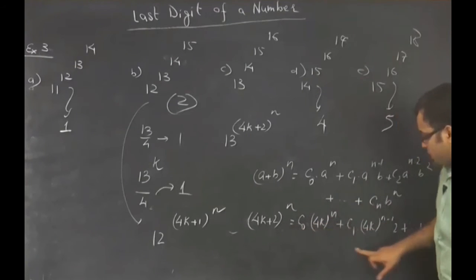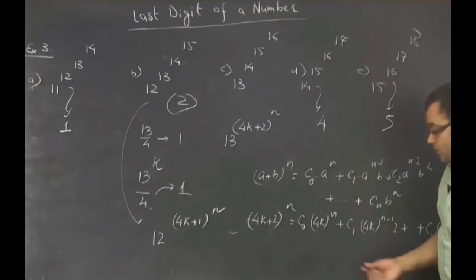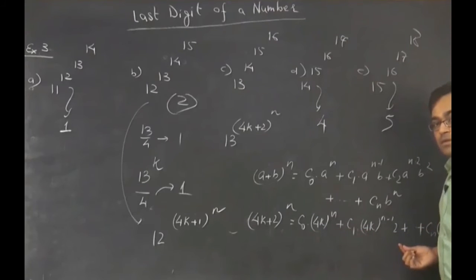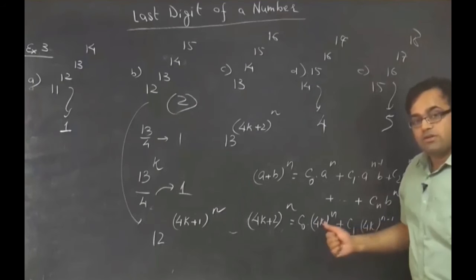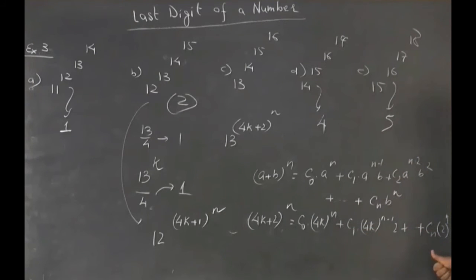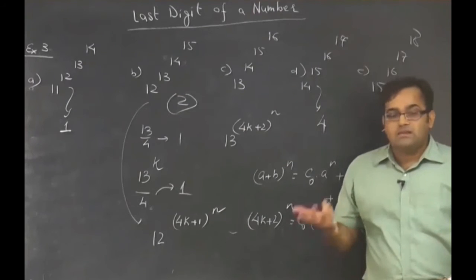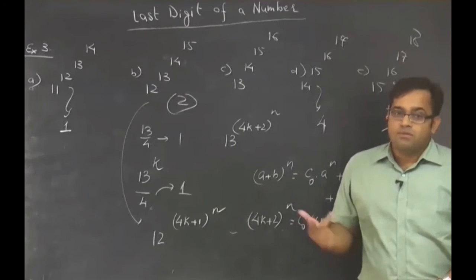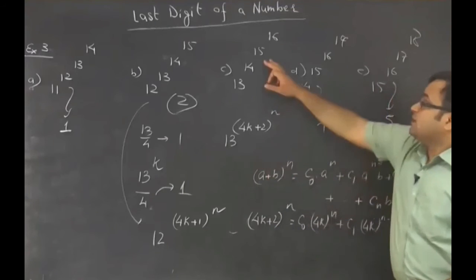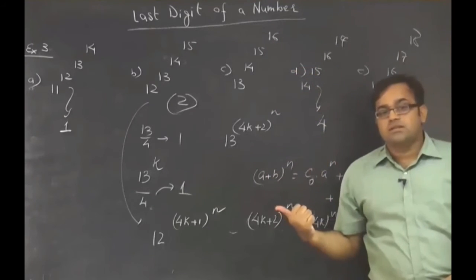If this whole thing is divided by 4, all the terms will have a 4k, so each term when divided by 4 will give a remainder of 0, except for the last term probably. In this case the last term is 2 to the power n, and 2 to the power n when divided by 4 will also give a remainder of 0 in case n is greater than 1, and definitely 15 to the power 16 is greater than 1.